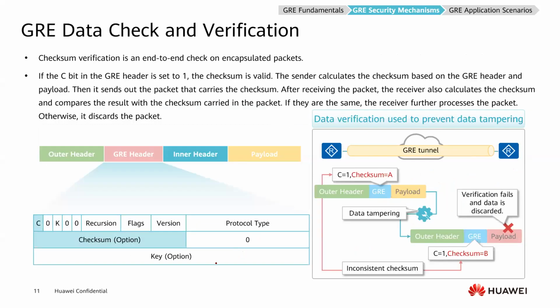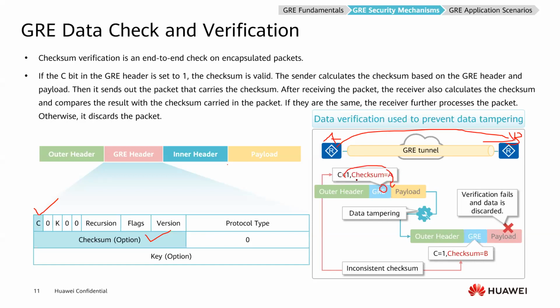The solution for security is like this. First, we can use the checksum. The idea is very simple. For example, when a packet is sent from A to B, device A creates the packet and puts a checksum into it.